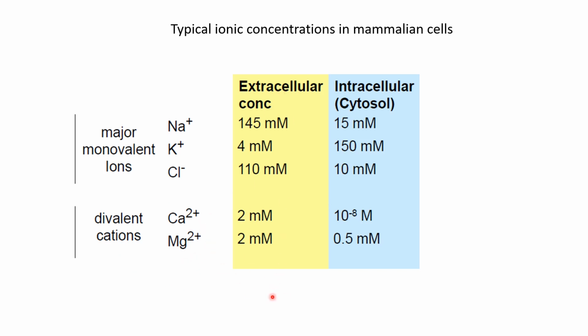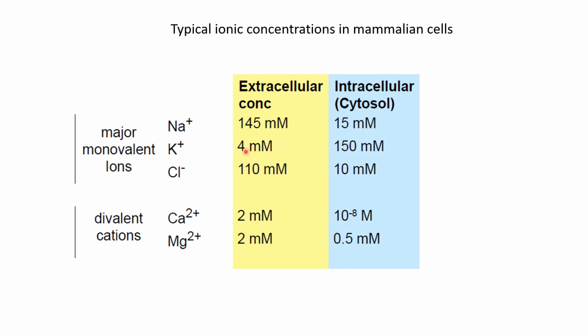These columns show the concentrations of these ions inside the neurons, the intracellular or cytosolic concentrations. And this is the concentration of these ions outside the neurons or outside other cells. As you can see, sodium is present in the cells at a concentration of about 15 millimolar, but its concentration is almost 10 times higher outside, about 145 millimolar.